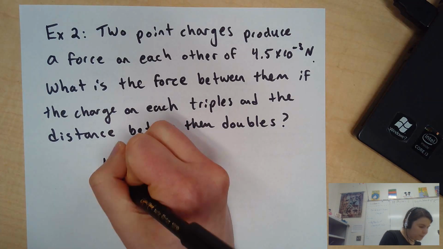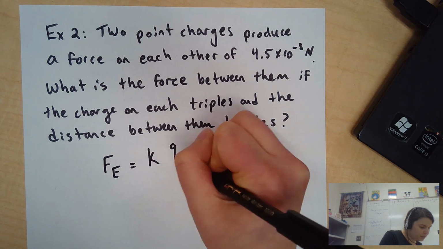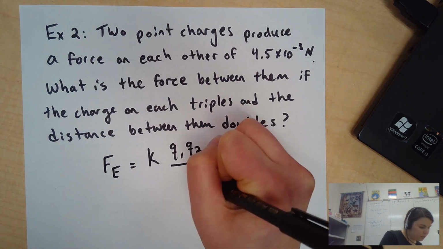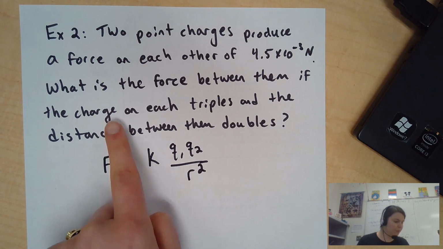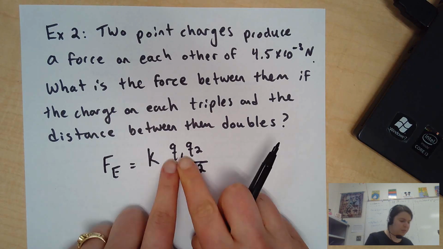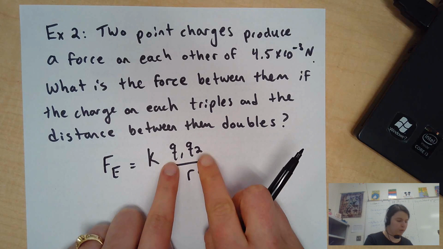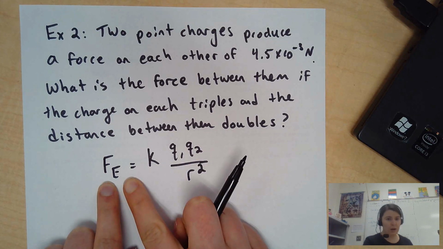So once again, the basic equation: Coulomb's constant, Q1, Q2, over the distance between them squared. If we just think about this a little bit, if the charge on them triples, that means it's going to increase. That means this top has to get bigger. Well, if the top gets bigger, that means the force is going to get bigger as well.